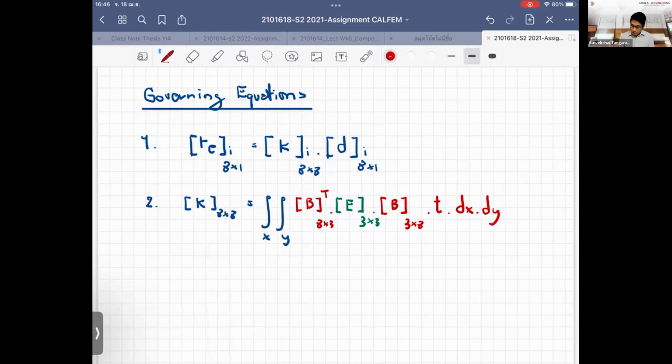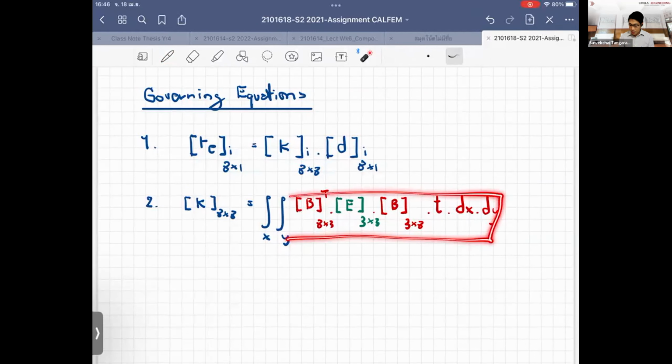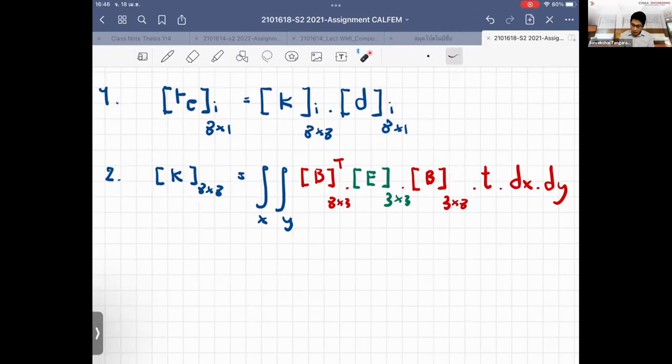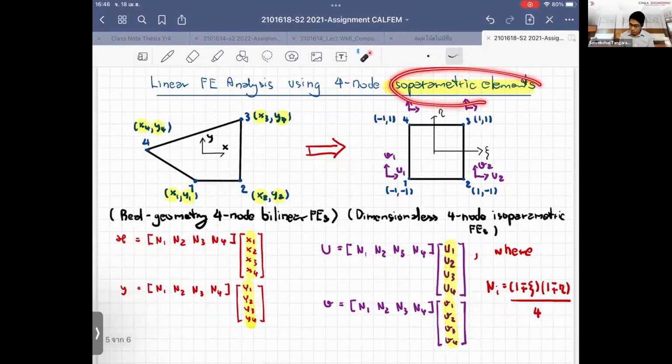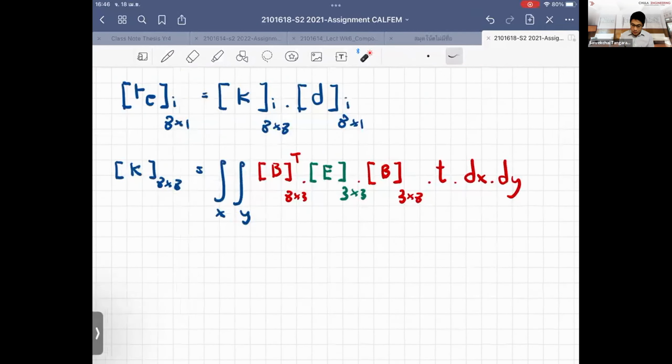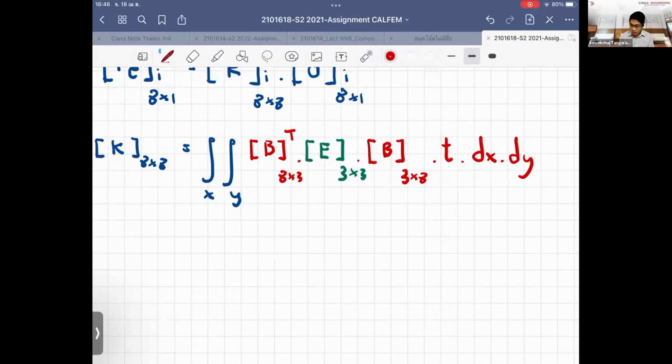But if you're doing this, this is the standard 4-node bilinear, the quadratic formulation. What I would like to use is the isoparametric element, so that I can derive the equation based on this square element in dimensionless diagrams. So we need some transformations in the matrix.